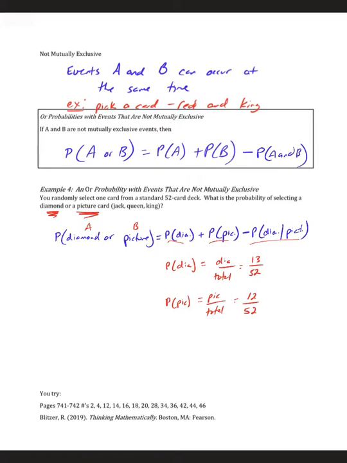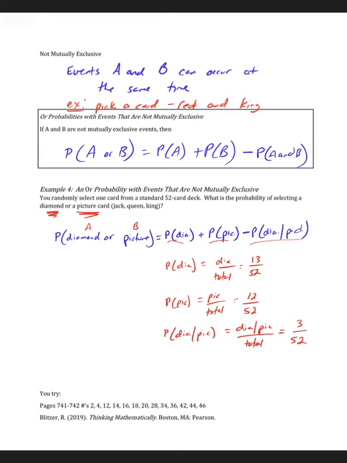Now what we have to do is find the probability of it being a diamond and a picture card. So we want to find out how many diamonds have a picture on them out of the total amount. Well, we know that there would be 3 that are diamonds because you can have a jack of diamonds, a queen of diamonds, and a king of diamonds. So that would be 3 out of 52.